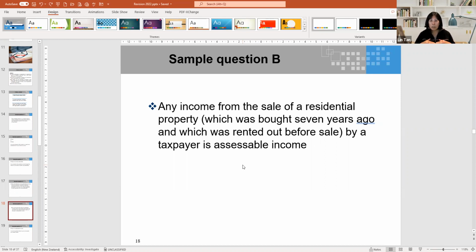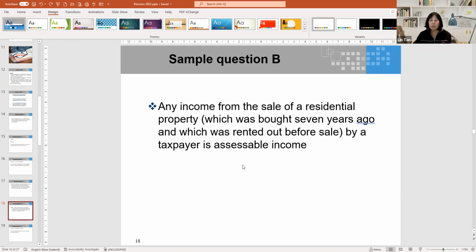So in this particular case, you find that the property is being rented out initially, all right? And then later, the property is being sold. It doesn't ask you about a particular section, and it doesn't tell you the year, but you can roughly calculate because it was bought 7 years ago, right?